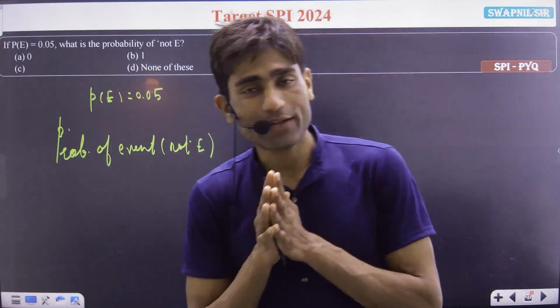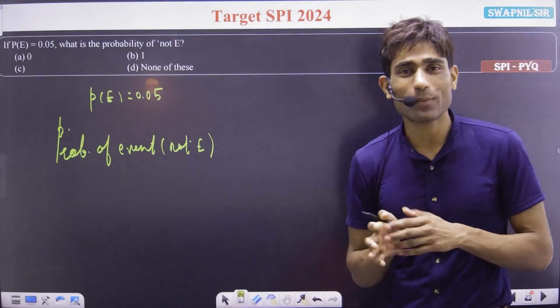We define the probability of event E complement as the probability of event not E.